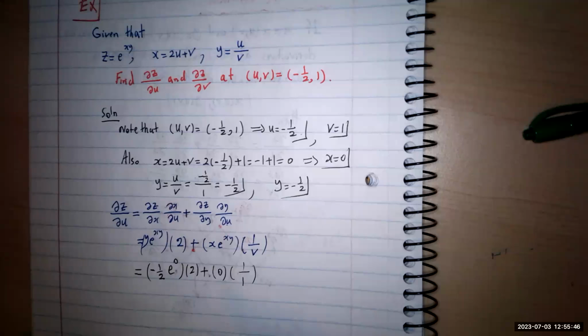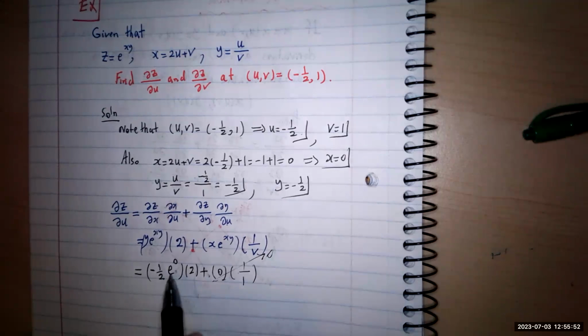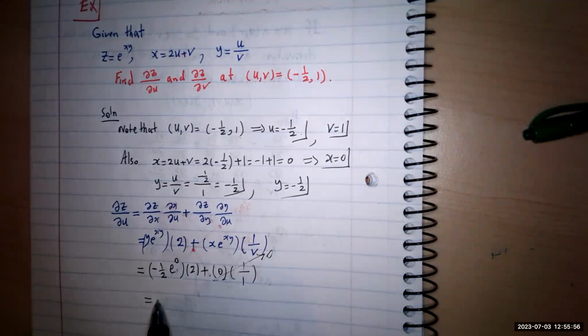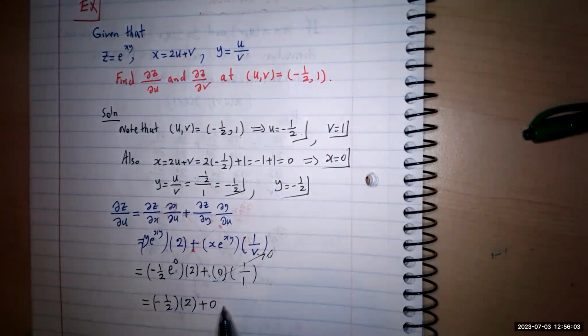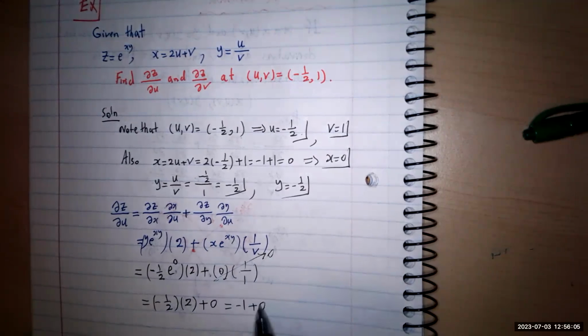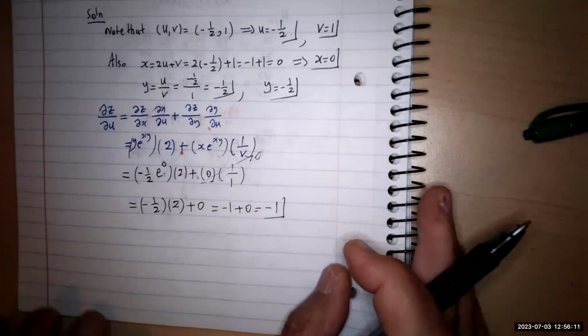So what we're going to have: the second part would be 0 right away because this is 0. And e to the 0 would be 1. Negative 1/2, as I just explained, times 2, and the plus 0. So this is simply negative 1 plus 0, which is negative 1. So directly substitute when you get it. So that's it.